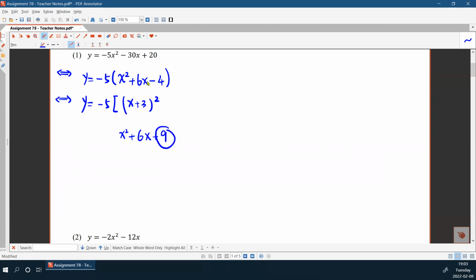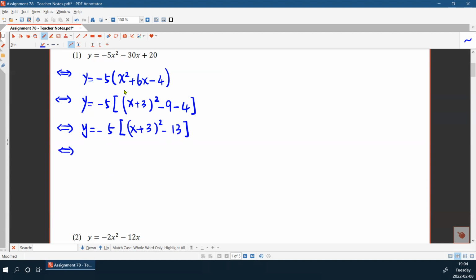Because there is no 9 in the original expression, we need to subtract it in order to have the first two terms exactly the same as the original expression. Then copy the rest of the expression, which is -4. And therefore, this is equivalent to y equals -5 times (x plus 3) squared minus 13.